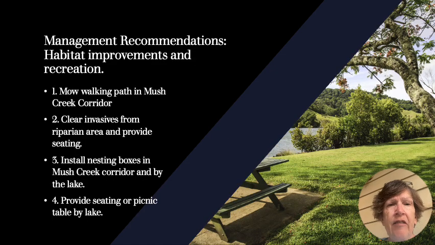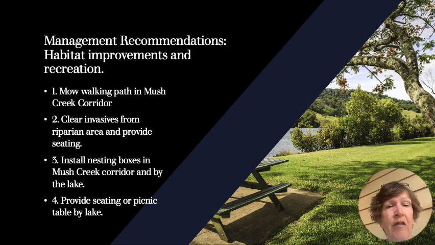The next set of recommendations have to do with habitat improvements and recreation. This will make this area meaningful to the HOA residents and build long-term support for the management plan. Number 1, mow a walking path in the Mush Creek corridor.